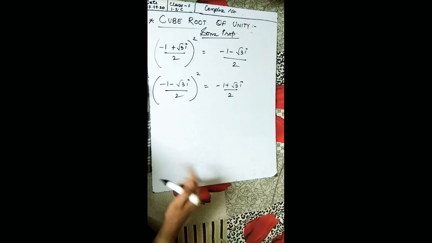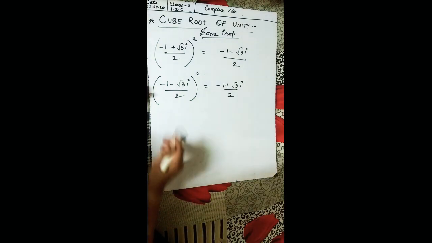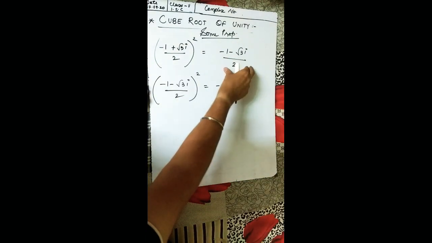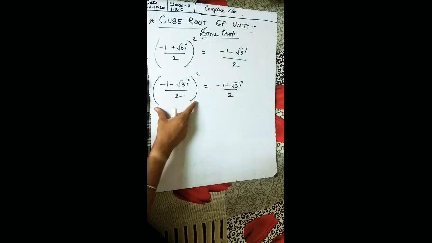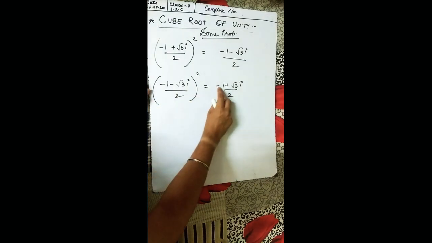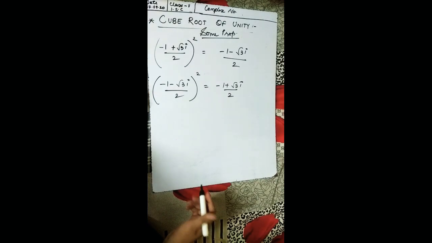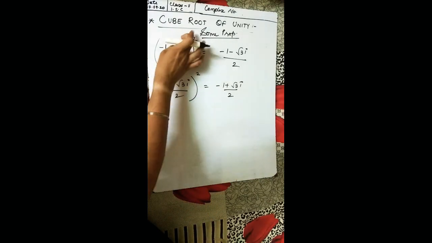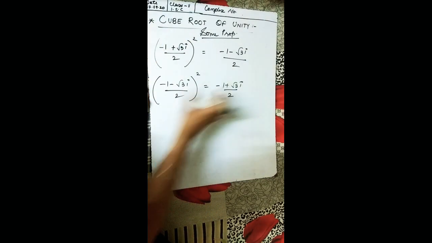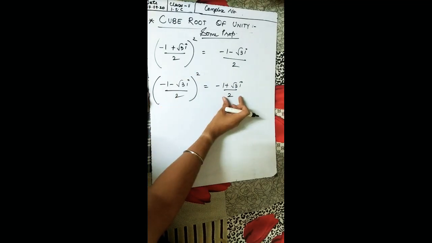I'm leaving it for you to prove that this value is equal to this one. And if you square the third root, what will we get? Minus 1 plus root 3i upon 2. Isn't this amazing that if you take one root and square it, you get the other root, and the third one, if you take it, you get the second one.